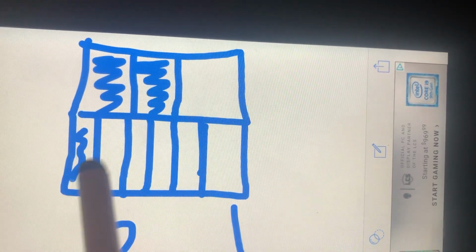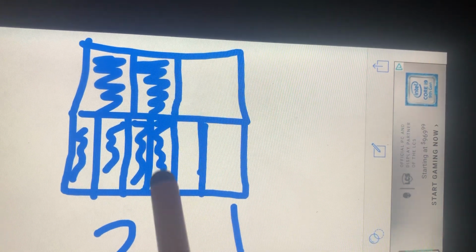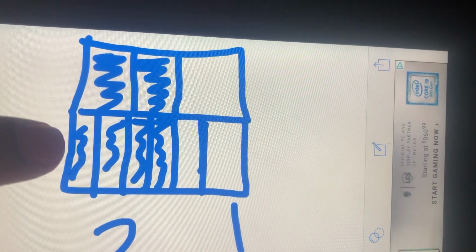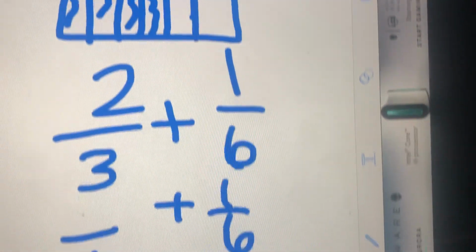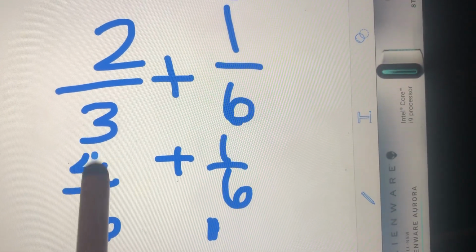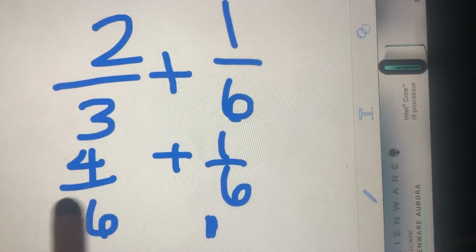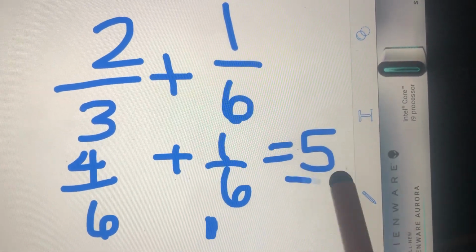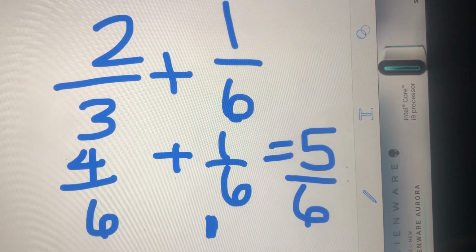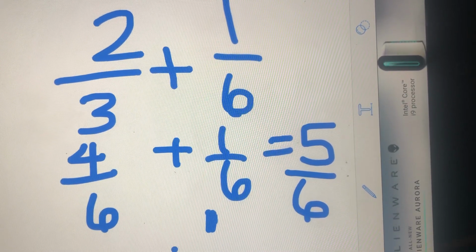So I see 1/6, 2/6, 3/6, 4/6. 4/6 equals 2/3. So 4/6 will fit right there. So 4/6 plus 1/6 equals 5/6.